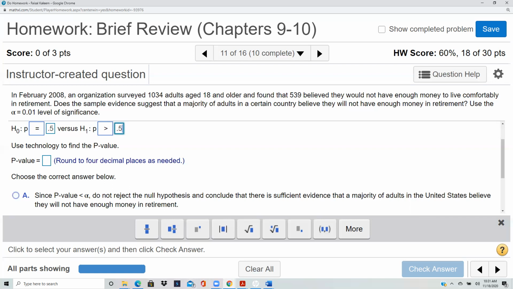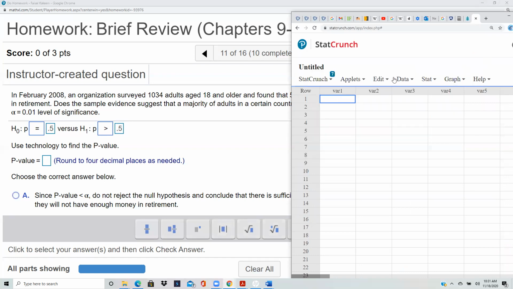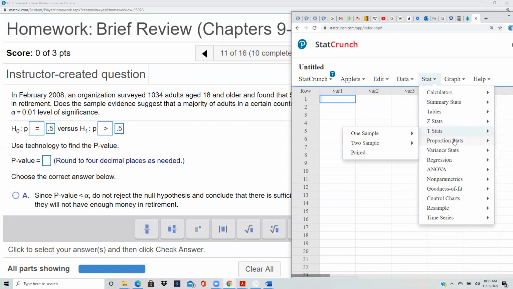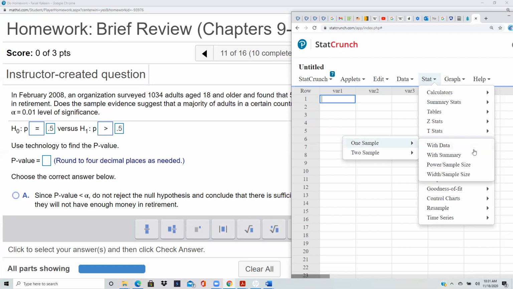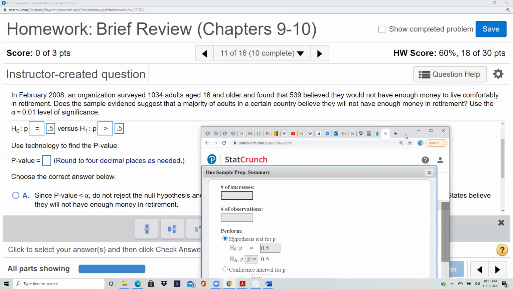So with summary. And then now we will use those numbers, right? Proportion stats. Let's see. One sample with summary. Which numbers? The amount of adults and then the amount that believed. Oh, yeah, those numbers which you've been trying to use for a while. So what goes in the number of successes?